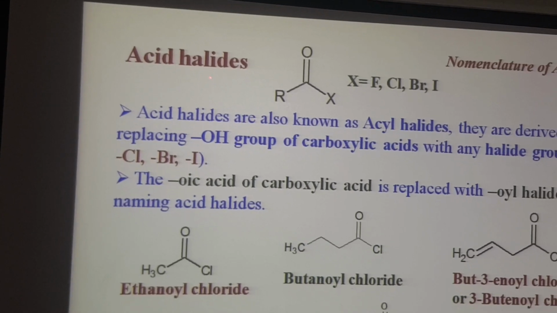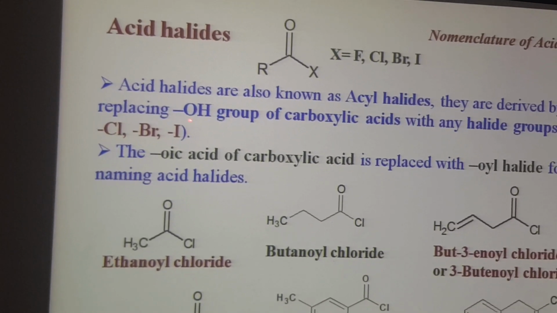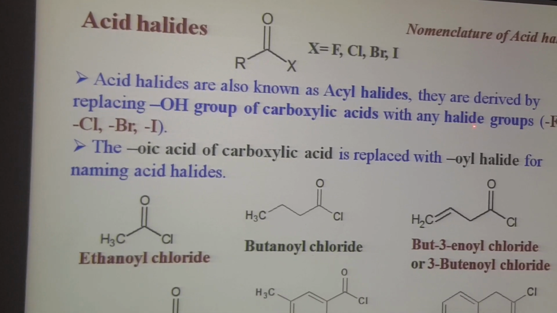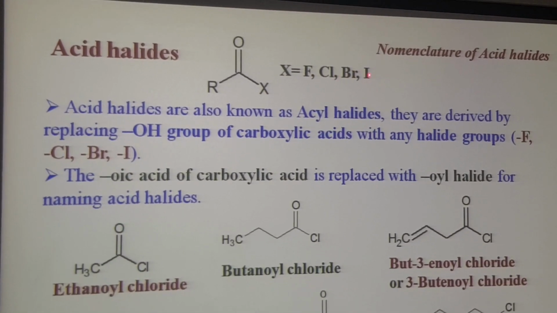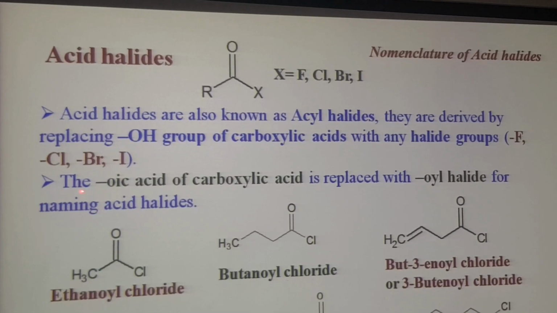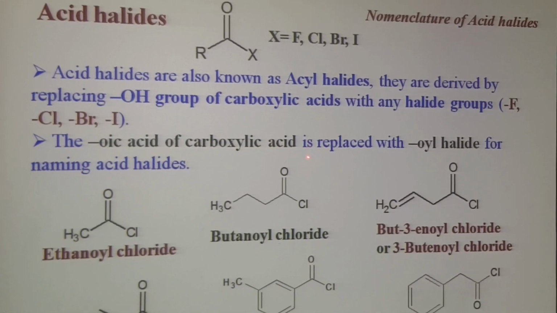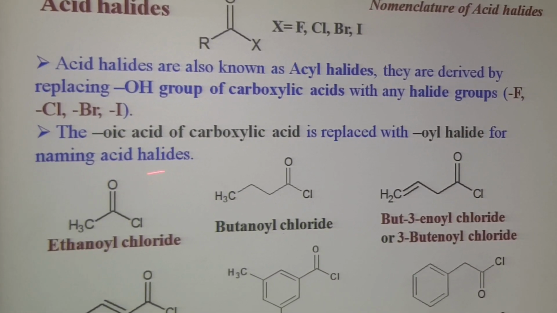Now the next class is acid halides. Acid halides are formed by the replacement of the hydroxyl group of carboxylic acid with any halogen. So halogen X may be fluorine, chlorine, bromine and iodine. So in the naming of these acid halides, the oic acid of the carboxylic acid is replaced with oyl halide.